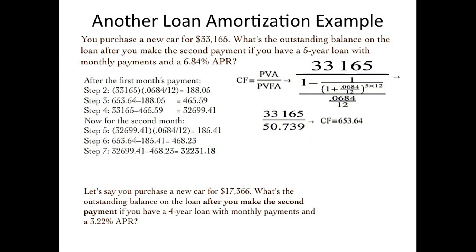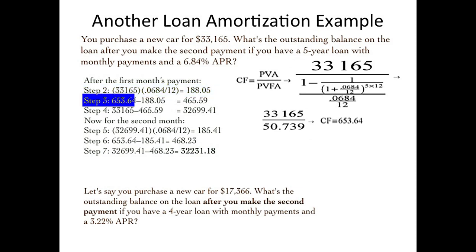After the first month's payment, you've got how much of it. So you know that you're making that first payment of $653.64. How much of that is interest and how much of that is the principal you're paying off? So you calculate the interest that's generated. That's the $188.05. That's the interest generated on that loan over that first period.